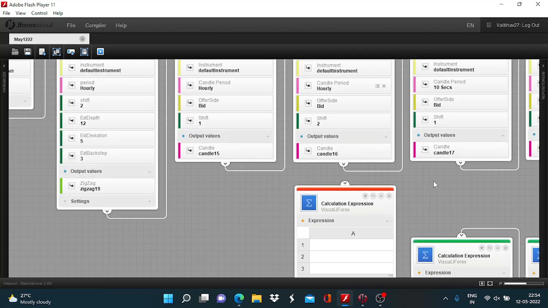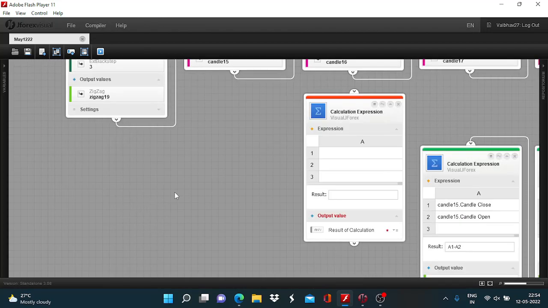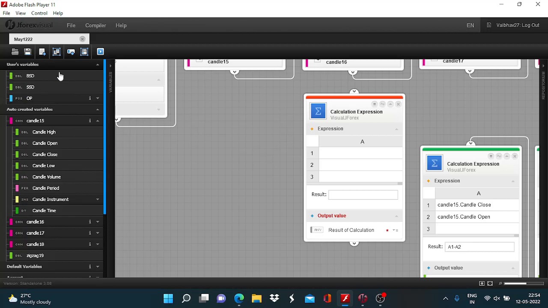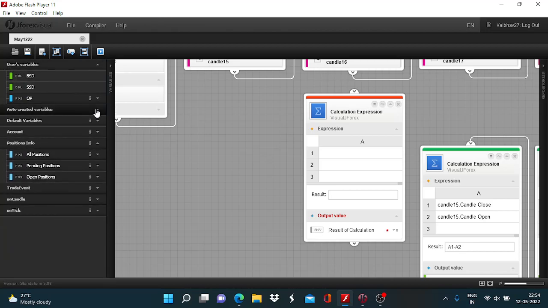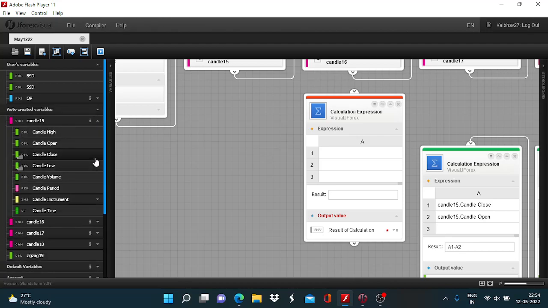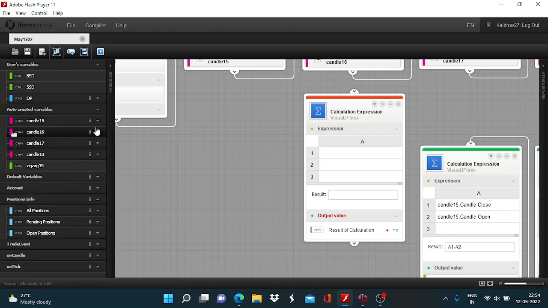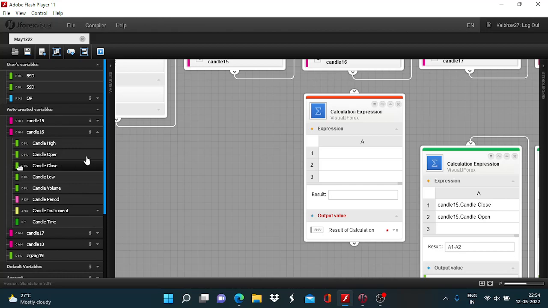So here I have this. Candle 16, candle close. This is going to be lower. So first I have to take candle 16, candle open, and then deduct candle 16, candle close.